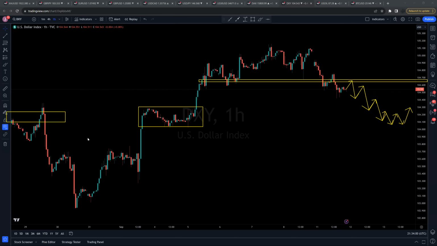We could see Euro USD have a pullback phase from its intraday lows, GBP USD have a pullback phase from its intraday lows, USD CAD have a pullback phase from its highs, and so forth.